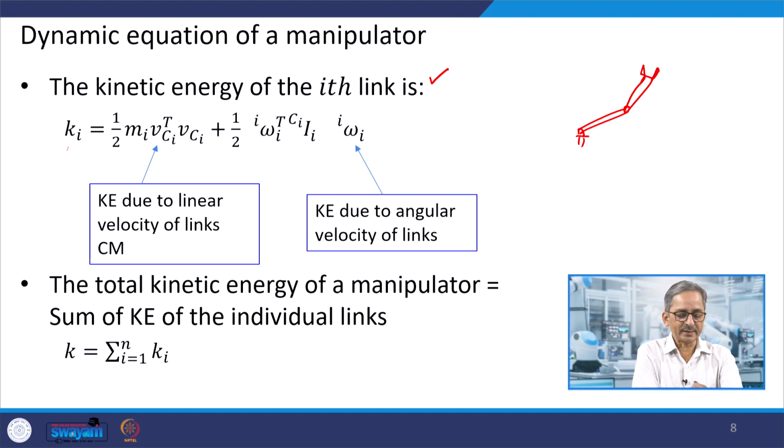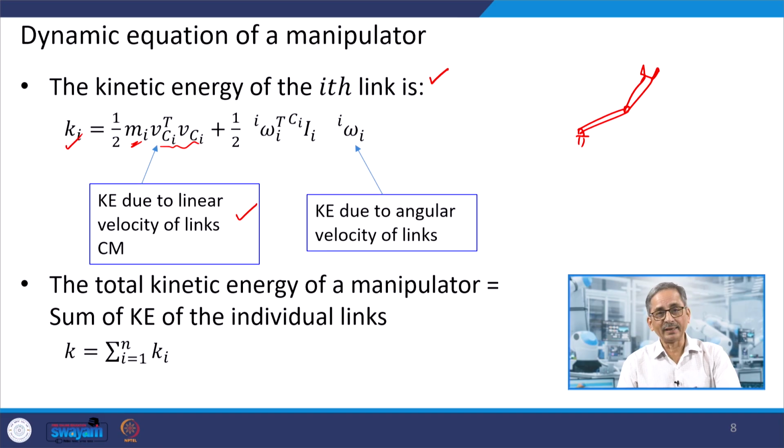This kinetic energy of the ith link is going to be half mi, the mass of the ith link, into the center of mass velocity of the ith link squared. That is why we multiply the center of mass velocity vector transpose with that velocity vector. This is nothing but the kinetic energy due to the linear velocity of the link's center of mass.